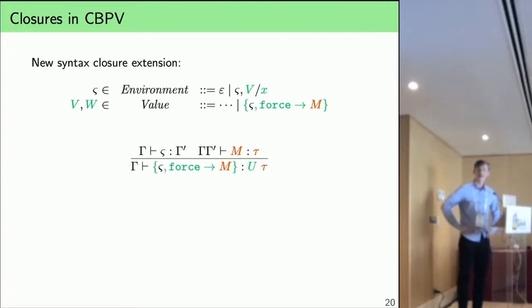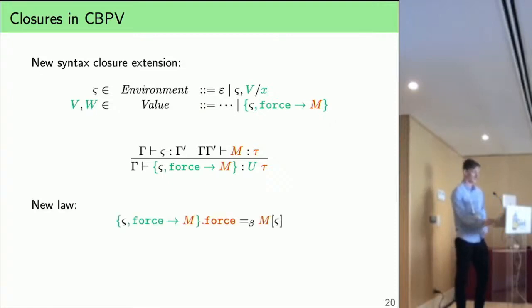Well, the environment will generate an environment extension that we provide to the delayed computation. And something to notice here is that M is covered by gamma and gamma prime, so we don't require that it's completely closed, which is important, we'll see later.